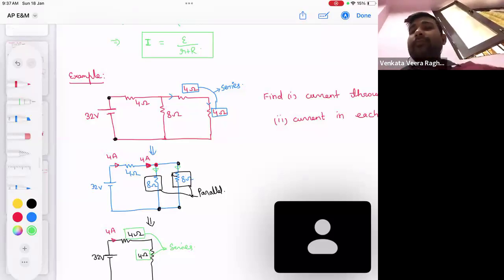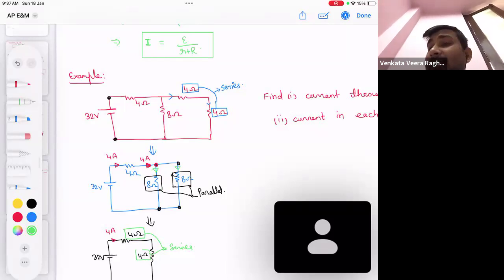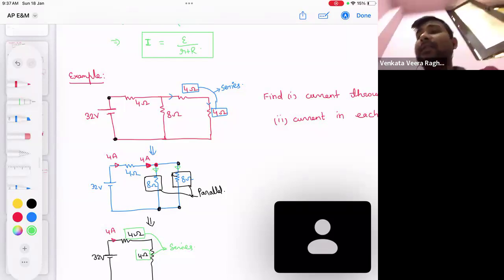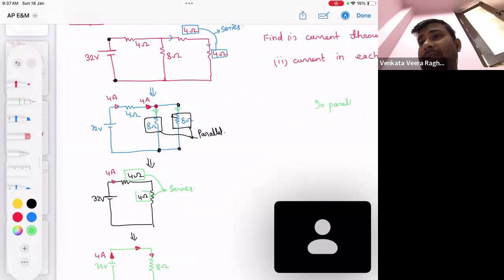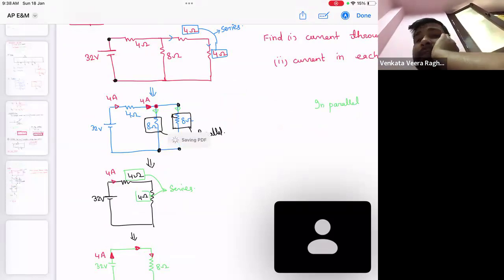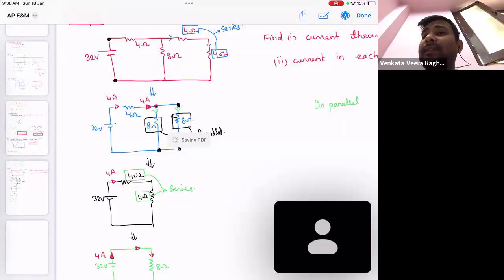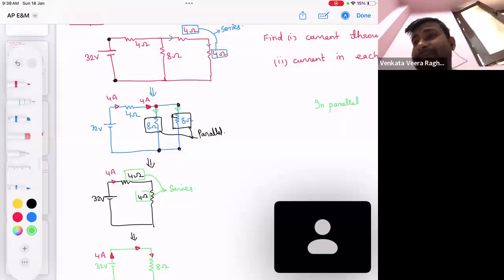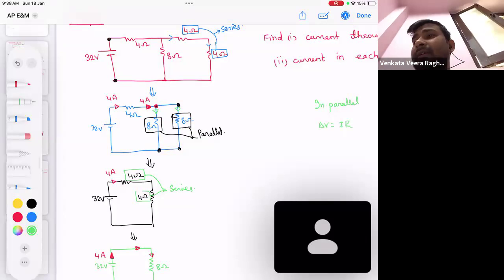Is that current going to distribute in the two branches, this branch and this branch? How are these two branches connected? Are they connected in parallel? In parallel connection, can I say that delta V equals I R? Delta V, the potential difference, equals I into R. And you see, in parallel, delta V is the same.